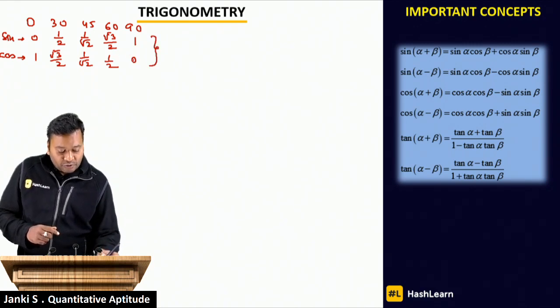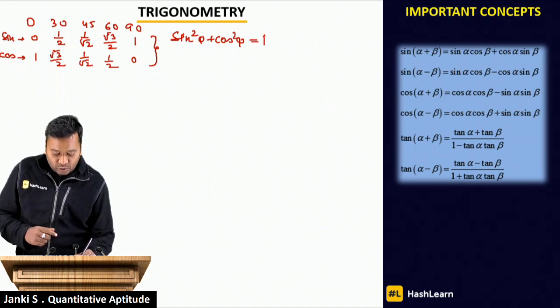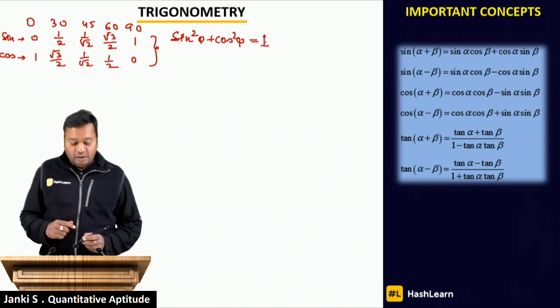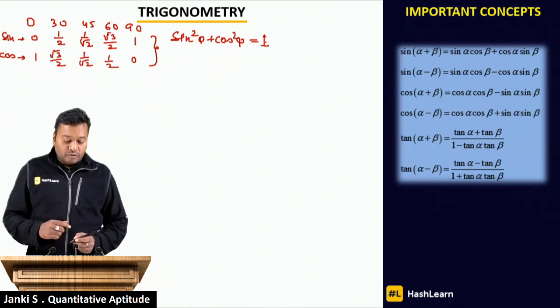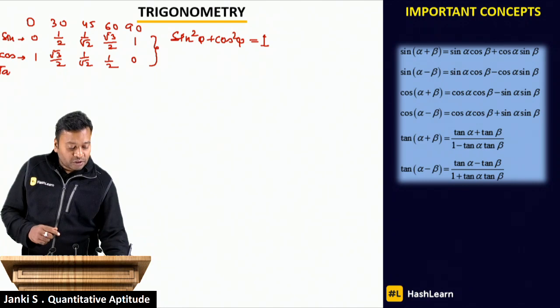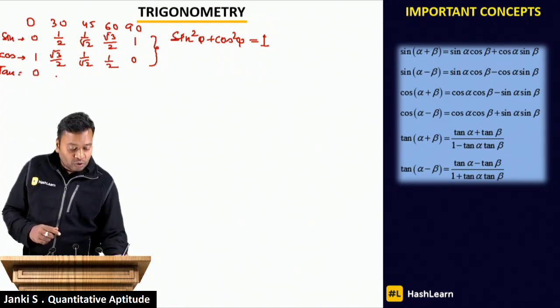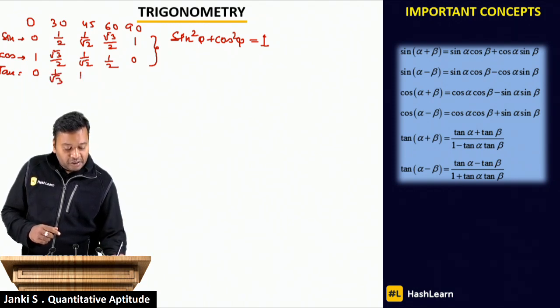This also gives you the format that sine square theta plus cos square theta is always equal to 1. Now tan values are sine theta by cos theta. So here it's 0, here it's 1 by root 3, here it's 1, here it's root 3, and here it's infinity.